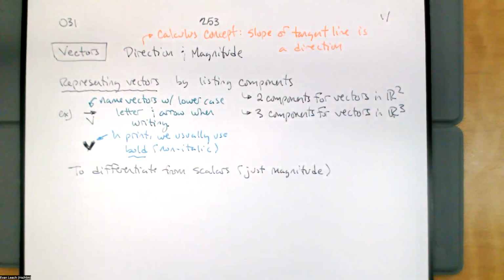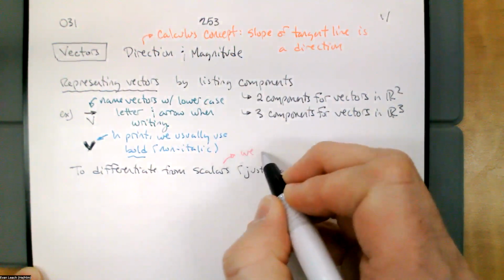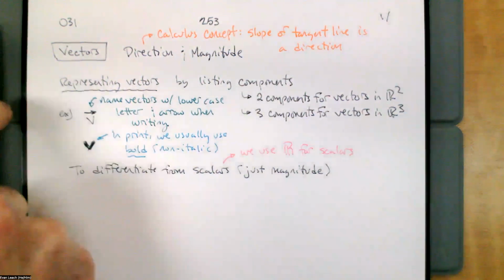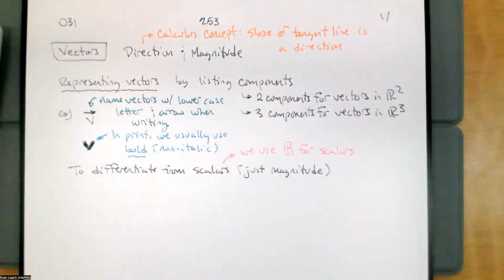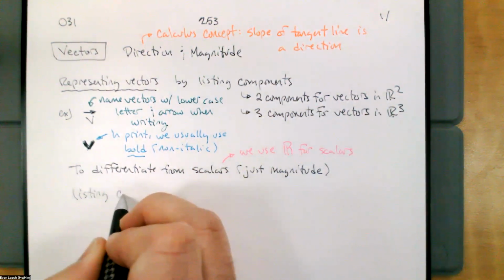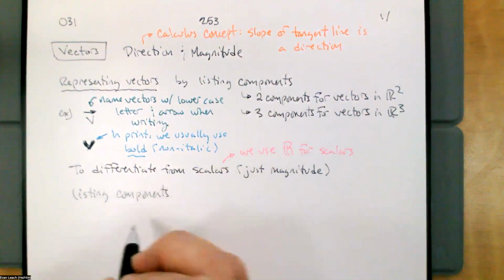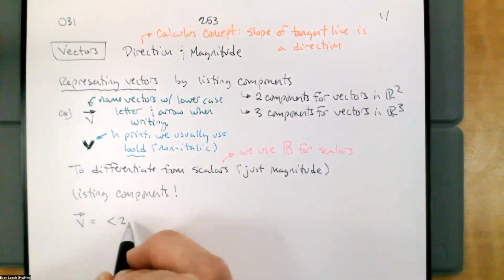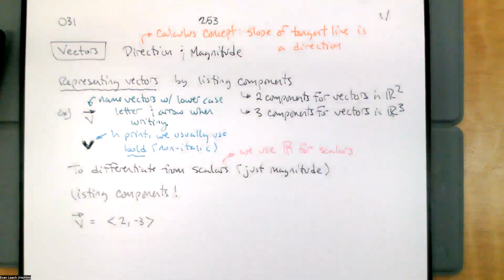Scalars are like real numbers, they just have magnitude. We'll use different styles to represent our vectors.